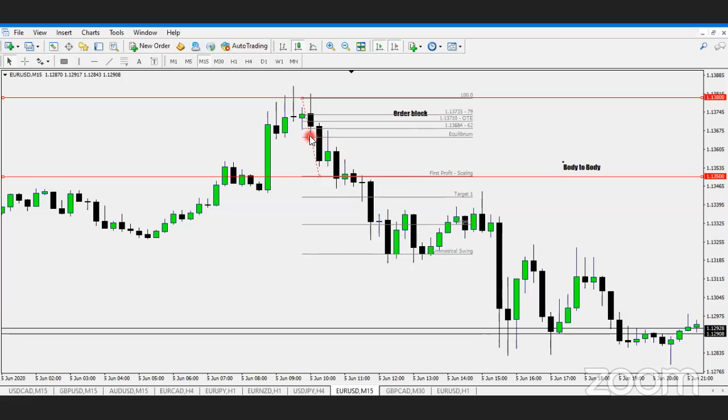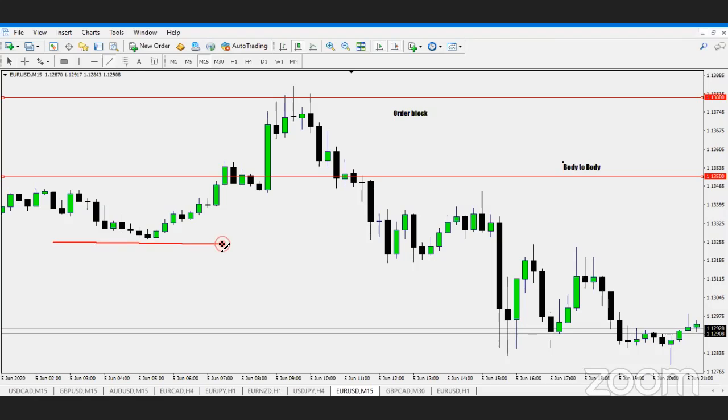Now again, I'm going to pull my fibs from the top of this leg that broke the market structure. So here is our market structure over here. So this is what I showed you in the previous video. And now I'm just showing you the importance of institutional price levels. So here, this is a 500 institutional level, but that is also an order block.